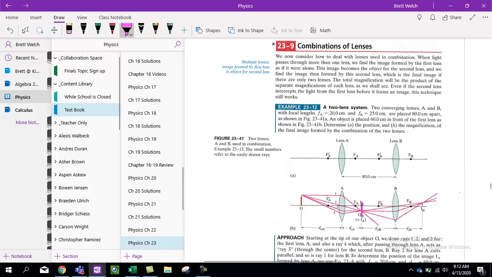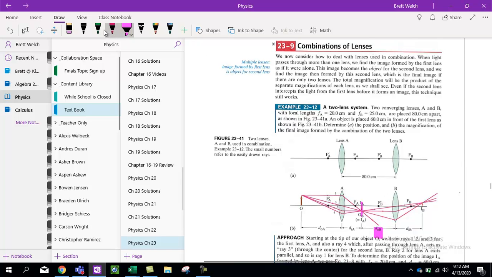But the distance from that image to the next lens is going to be considered the object distance for object 2. We're going to use the actual image from the first lens to give us the position of the object for the second lens.